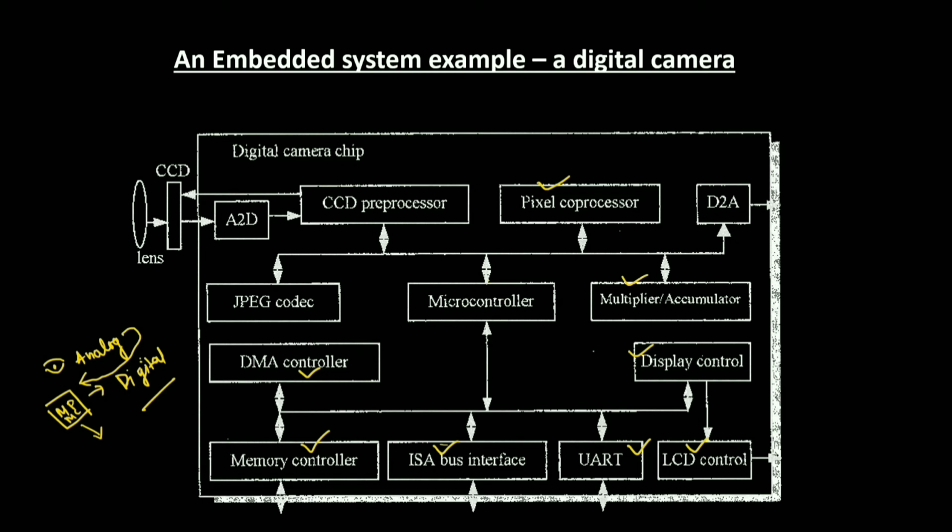You can see this is the heart of any embedded system. The microcontroller is basically the heart of any embedded system, a programmable processor that controls the activities of all the other circuits.